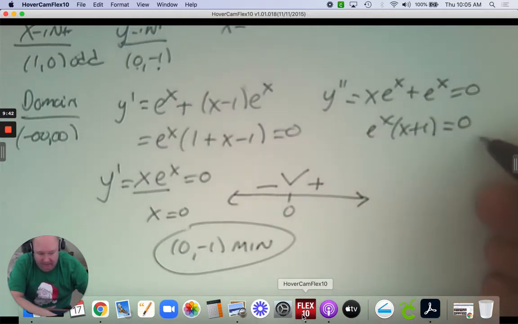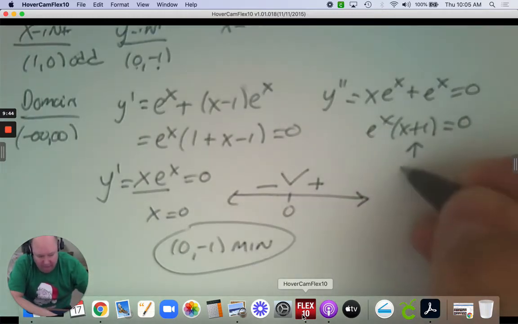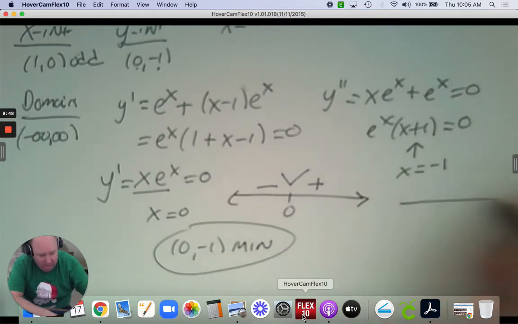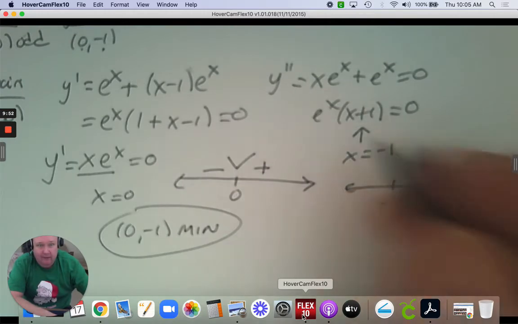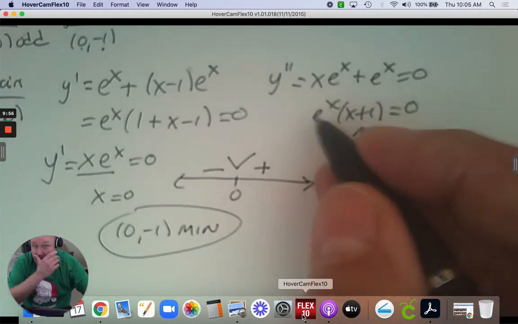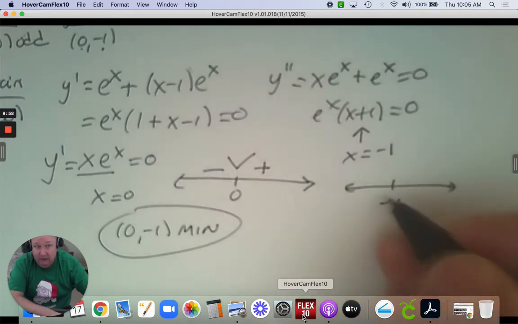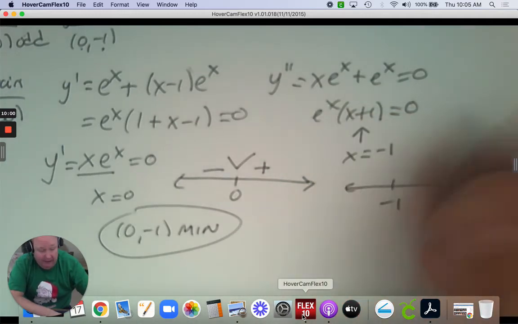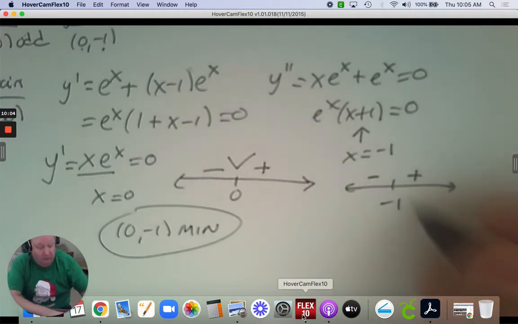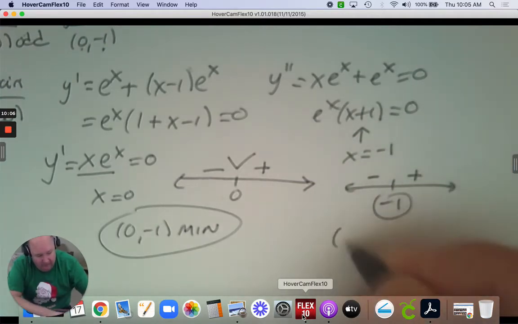So e to the x can never be 0, but here you can tell one of the solutions that would make this 0 is negative 1. So we're going to draw a number line just for negative 1. And again, e to the x will never be negative, so it's always a positive number. So if I plug in a number smaller than -1, the answer is negative. If I plug in a number bigger than -1, it's positive. We have a point of inflection at -1.